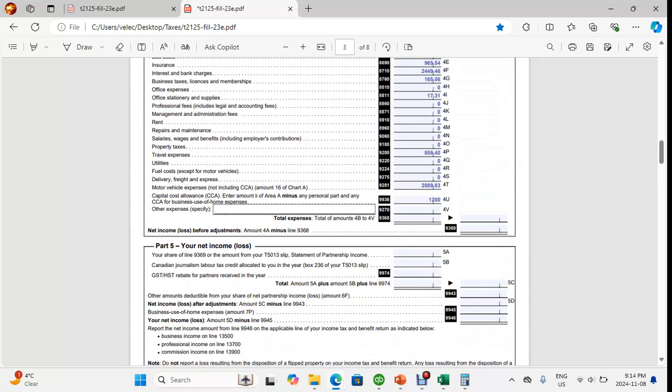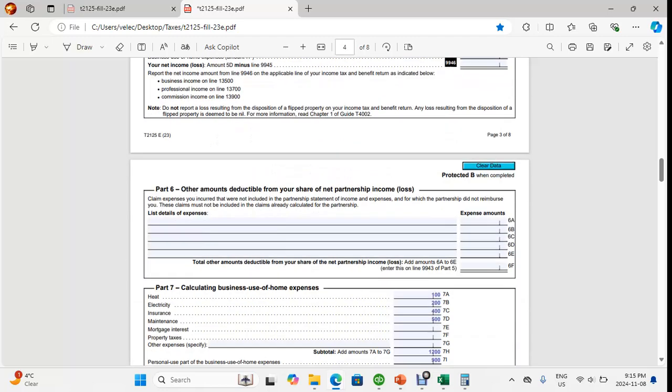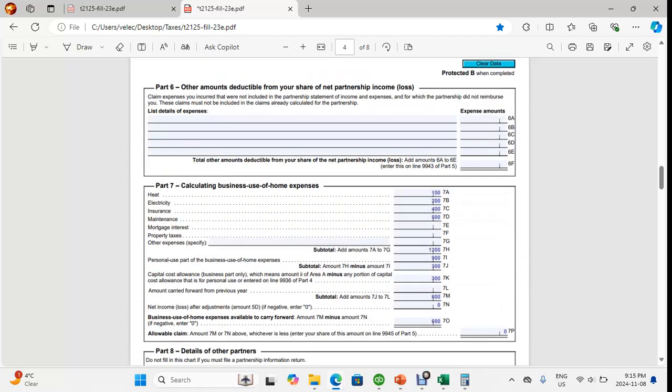Next, line 9270, this will be $6,157.55. So other phone expenses, this is for part 4, not for part 7.